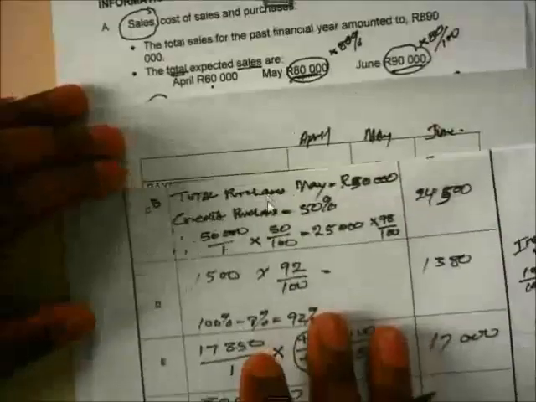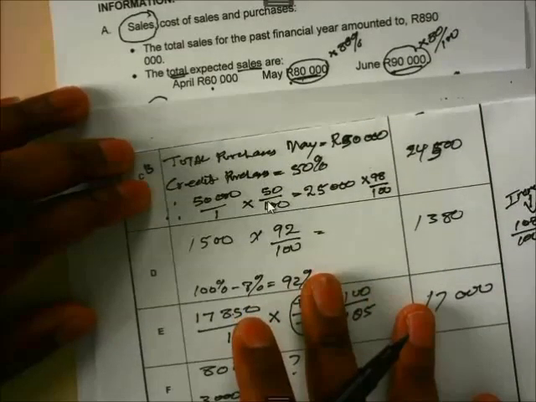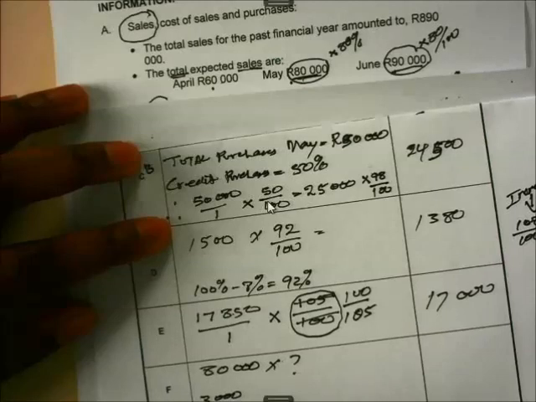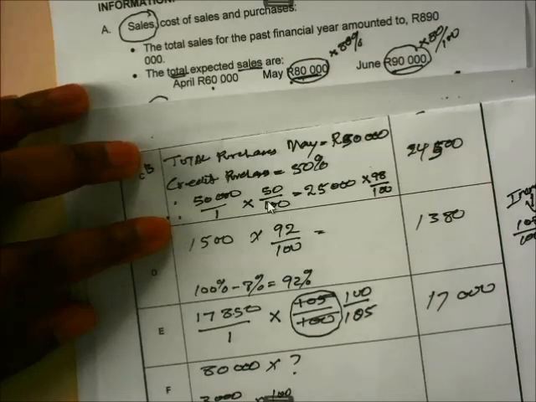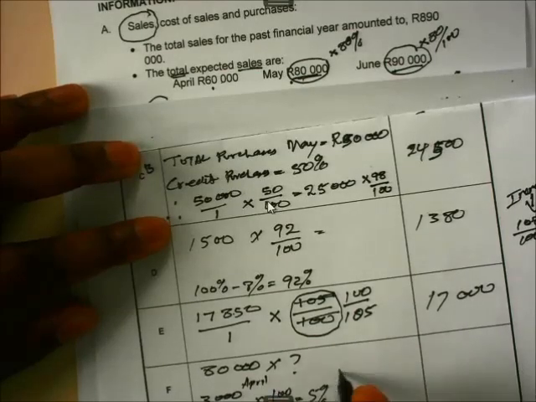We know that the total sales for April were 60,000. 3,000 divided by 60,000 multiplied by 100 gives us 5%. This is for April.